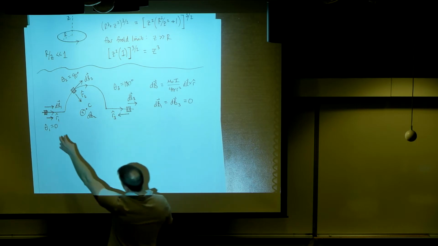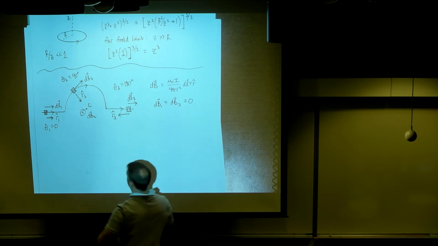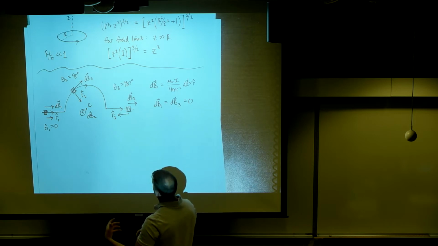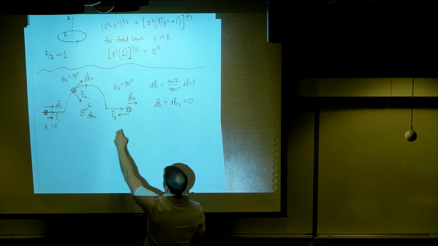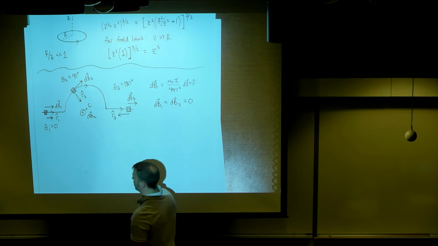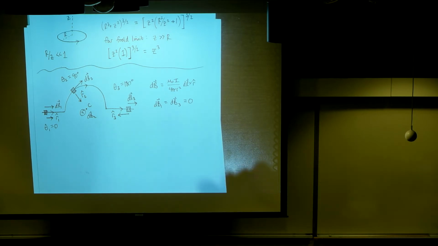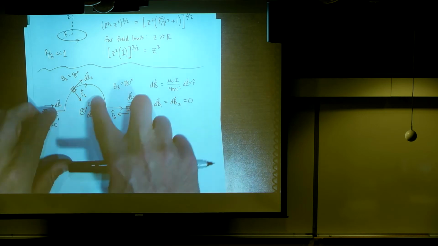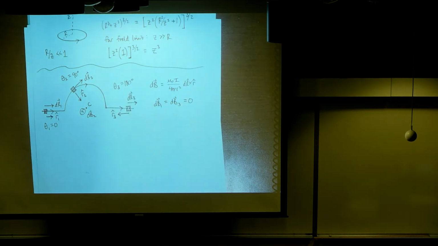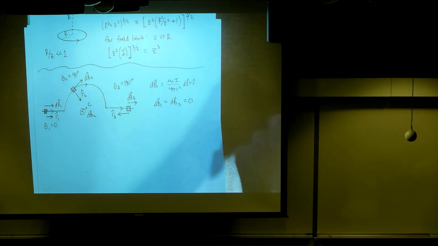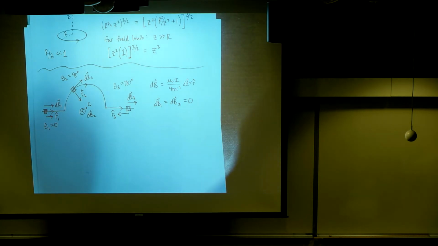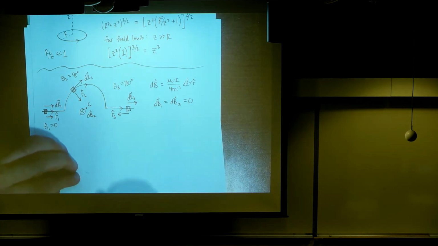So if you take the cross product of two vectors that are at 0 degrees with respect to one another, you get 0. Same deal with two vectors that are at 180 degrees. You take the cross product, you get 0. So the only contribution is coming from this part, the half circle. So the next thing we'll do is work out what that field contribution actually is.